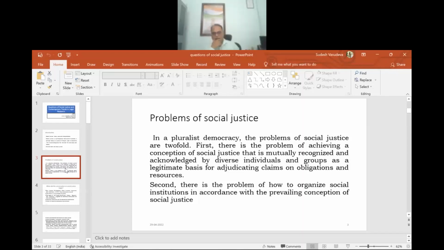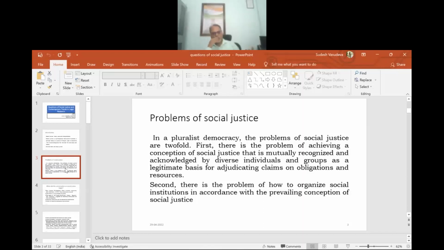The problem here is, with reference to social justice, it must accommodate the diverse points of view on what mutual obligation exists, what rules for the governance of mutual obligation should be codified, and how the limited resources should be distributed.